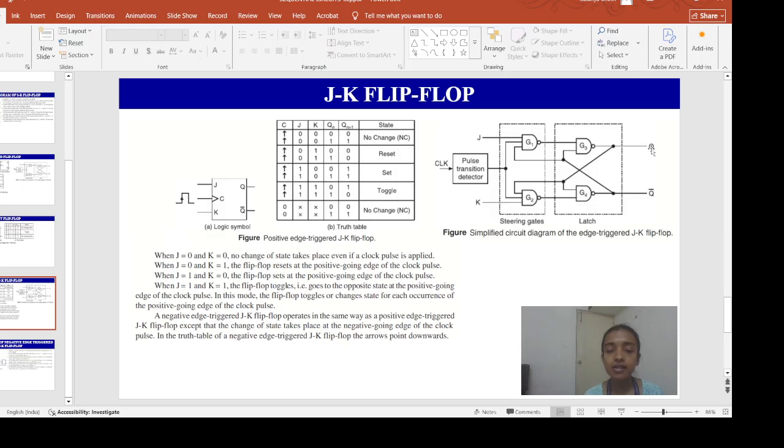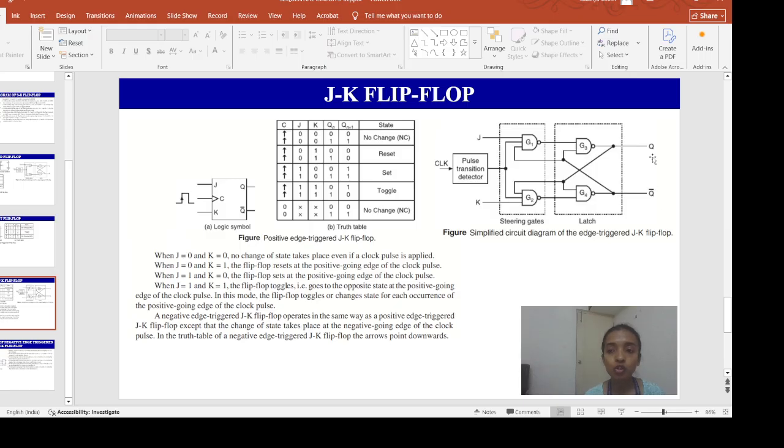Now if you consider Q is 1 and Q bar is 0, and J and K both are 1. When you apply a clock pulse, the narrow positive spike at this G2 is steered, that means inverted, to the input of G4. So the output of G4, that means this Q bar, will go high.